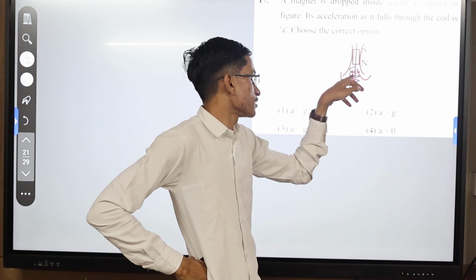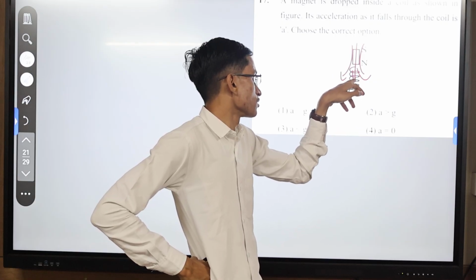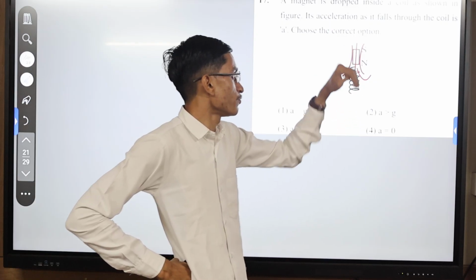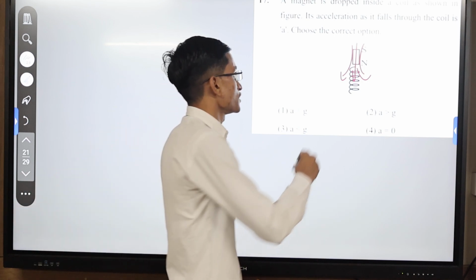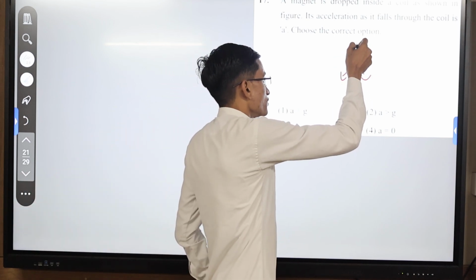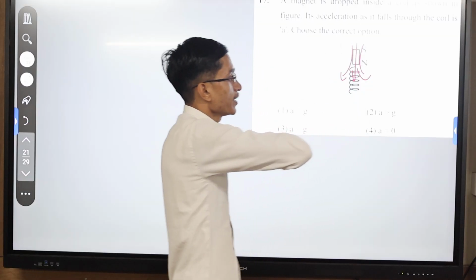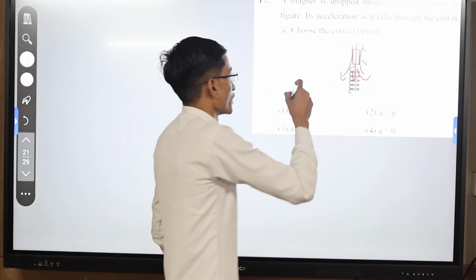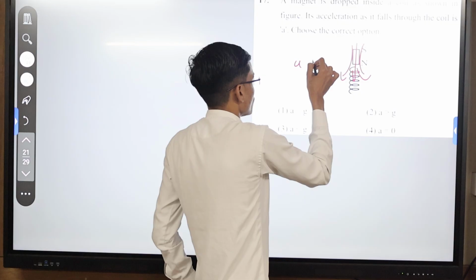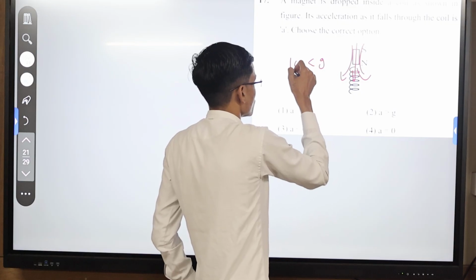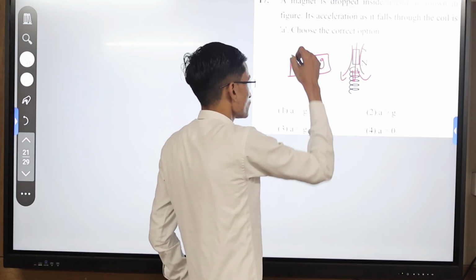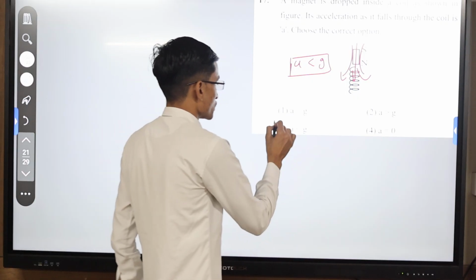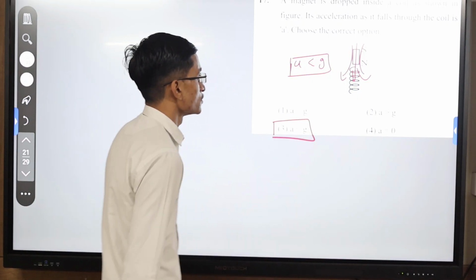So for that, this solenoid will act with an upward force. So the net acceleration or net speed of this free falling bar magnet will be decreased. So the acceleration of this bar magnet will be less than g. Okay, so acceleration will be less than g.